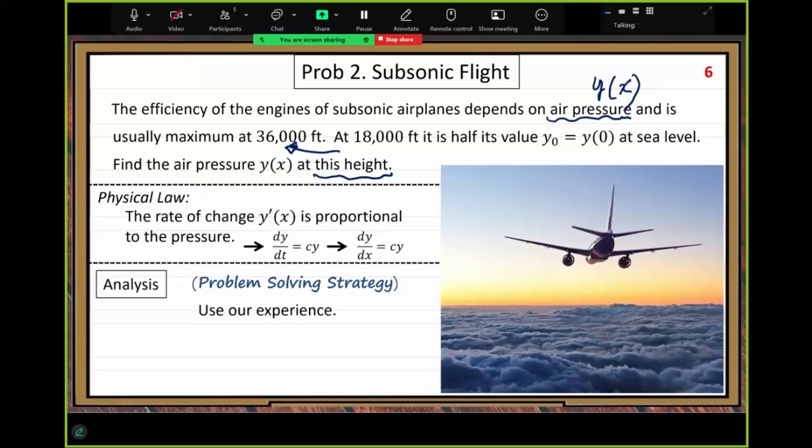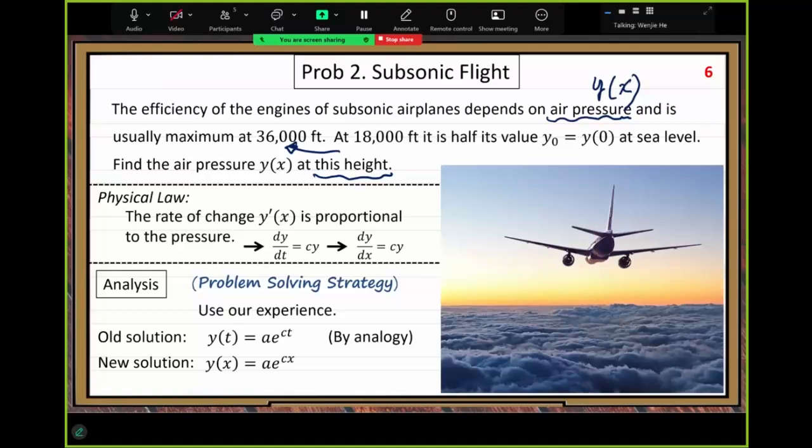Because the older solution used the t variable, here we need to modify it. The t variable, we should change it to the x variable, by analogy. So the new solution becomes y of x equals A times e to the C x.